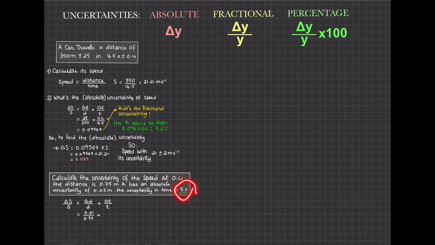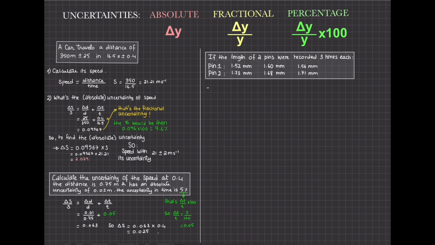So if the percentage is given, just divide it by 100, you get the fractional, which is this. So you can just say 0.05, and then you'll get 0.063. If you multiply this by the speed, which is given 0.4, you will get 0.025. That's the uncertainty of the speed.